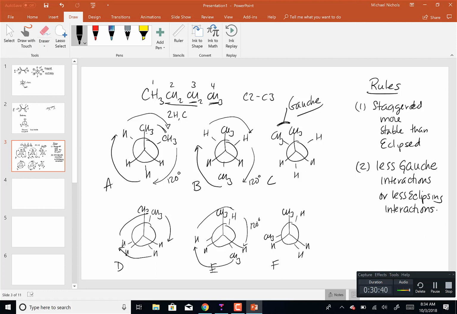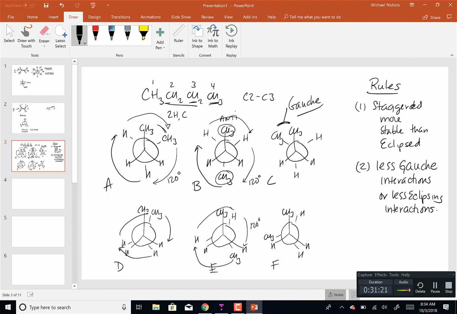So when two groups are gauche, that's an unstable interaction. When they are, in this case, what is called anti, when they're opposite each other, that's the most stable situation. So if I'm gonna look for energies, what I'm gonna say is I want the least number of gauche interactions first. Okay. This one's easy because there's only one gauche interaction.